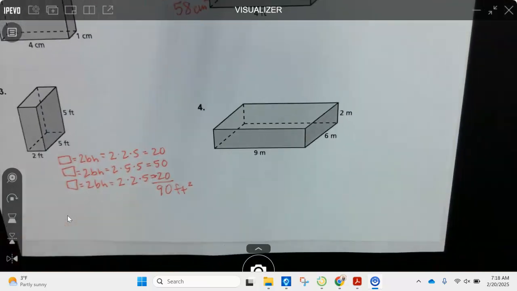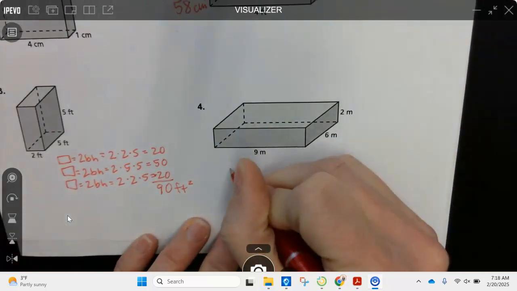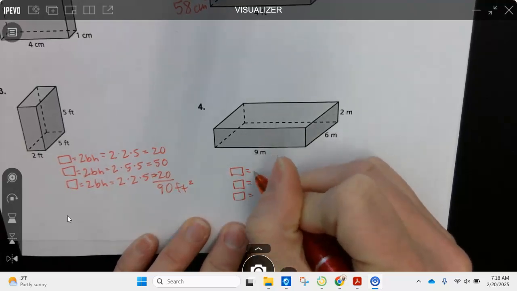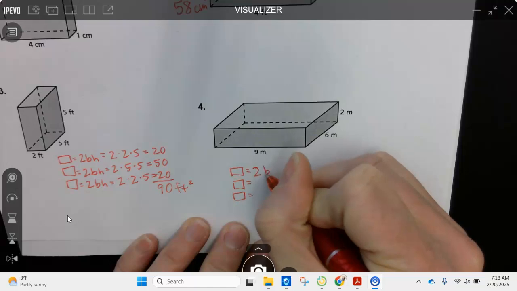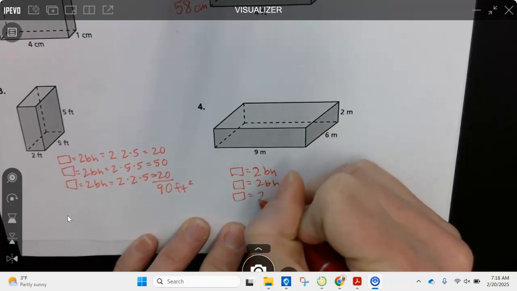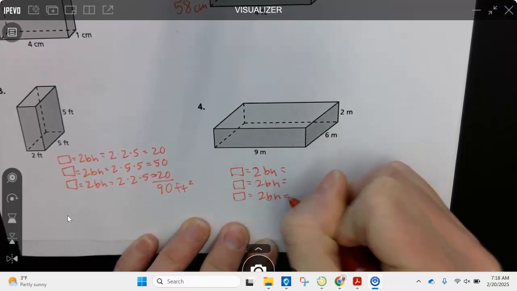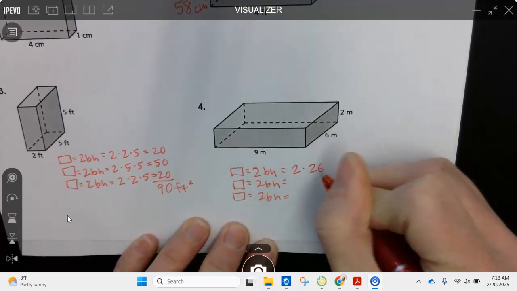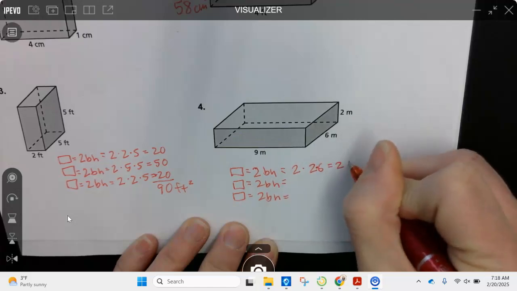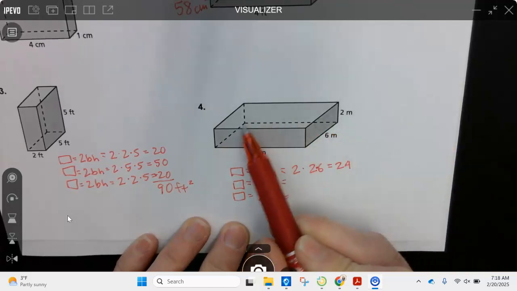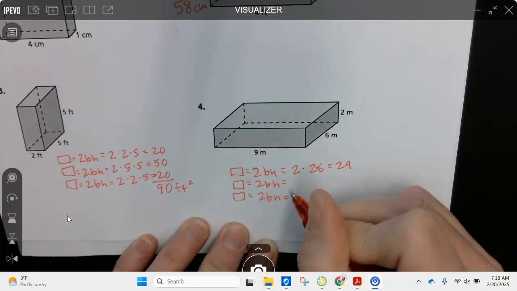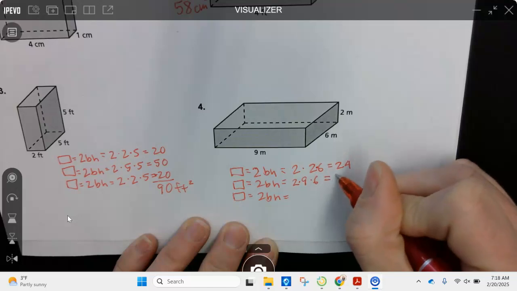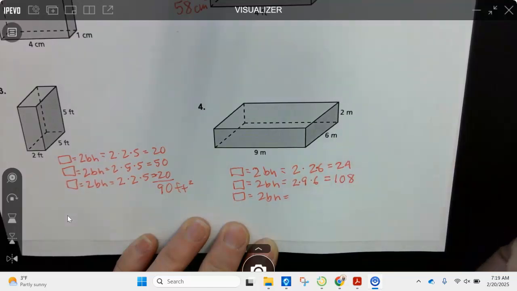And then last but not least, we have this one here. Again, we have 3 different rectangles, and each of them is repeated twice. We can do this side, which is 2 times 2 times 6, which is 24. Then we could do the bottom over here, which is 2 times 9 times 6, which will be 108.